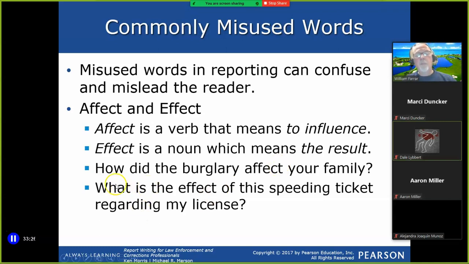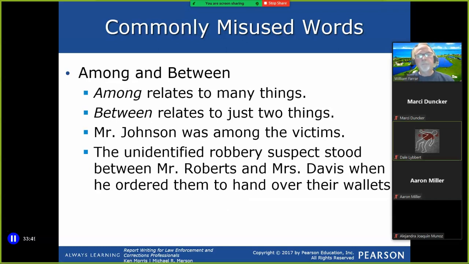So examples, how did the burglary affect your family, right? And then what is the effect of this speeding ticket, right? The result regarding how it's going to impact your driver's license. So two words that get mixed up a lot that need to be correct when you write your report.